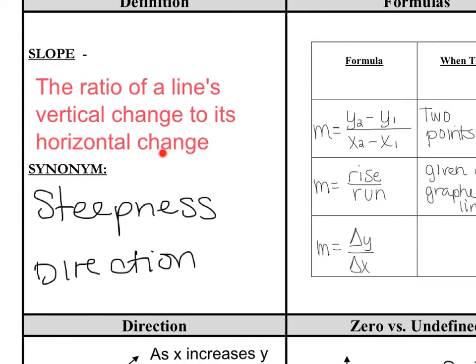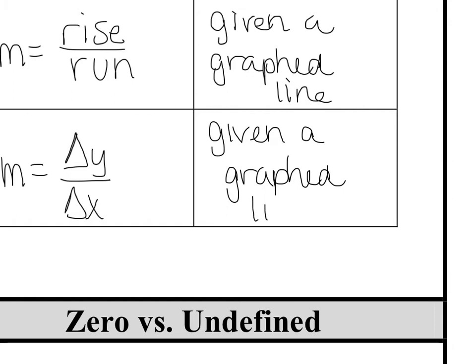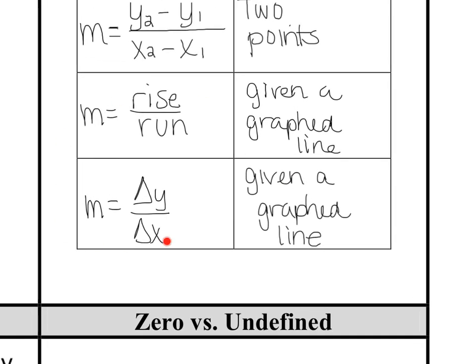Horizontal change is x. So changes are delta, delta y on the top, vertical change, and delta x on the bottom, horizontal change. And again, we would use that formula when we're given a graphed line. Most people use rise over run when you get to the high school. You'll most frequently see delta y over delta x, but these two formulas really mean the exact same thing.